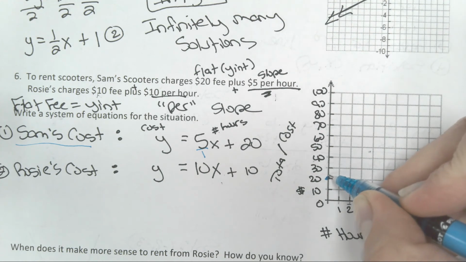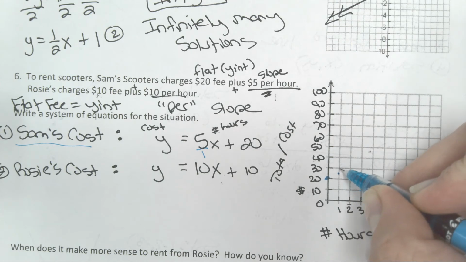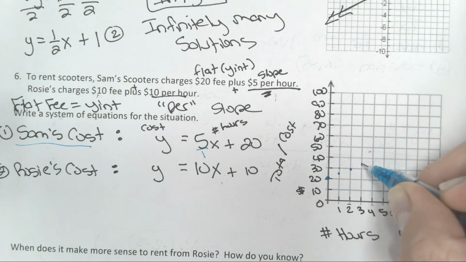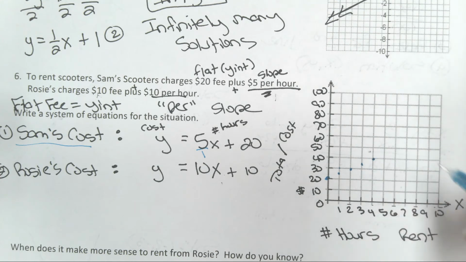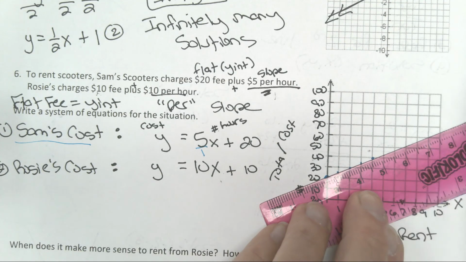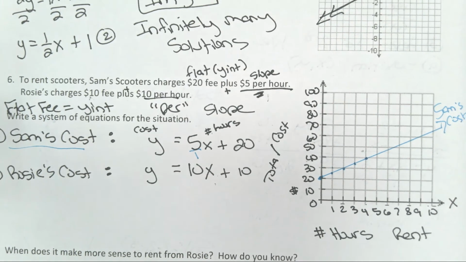So when I go up 5, I'm really just going up half the distance. So there's up 5 and right 1. Up 5, right 1. Up 5, right 1. All right, so I have a couple of points plotted. Then I would just take my straight edge, connect the dots, and so that one is Sam's cost.